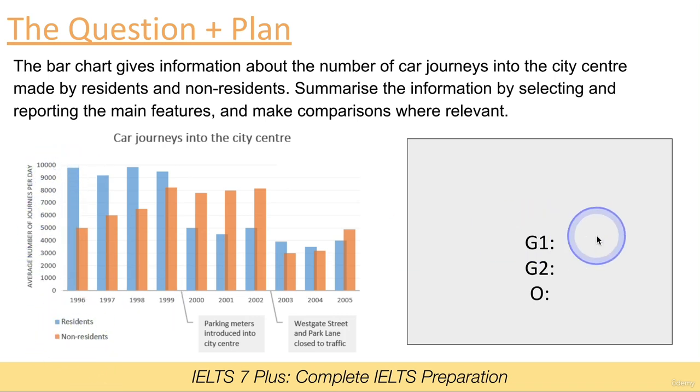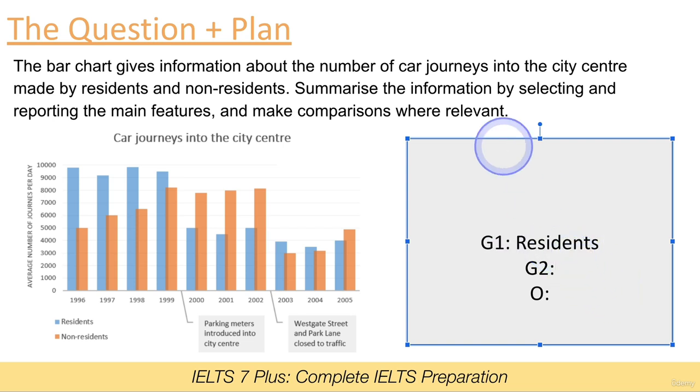I think for this, I'm just going to talk about residents and also non-residents and compare them between themselves. So lots of comparisons will be made, but I think we'll keep it simple and just do the residents and non-residents groups. Okay, so the overview then.